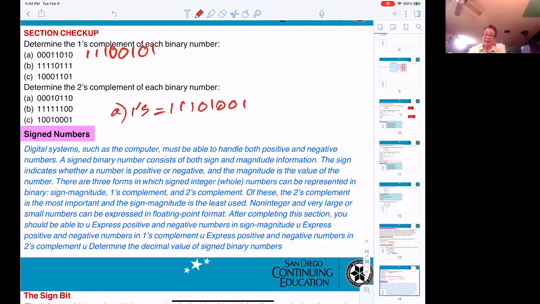Okay? And now you're adding 1. That's what you get for the second. So 1 adding to 1 will be 0, and that will be 0, 0, 1, 0, 1, 1, 1.